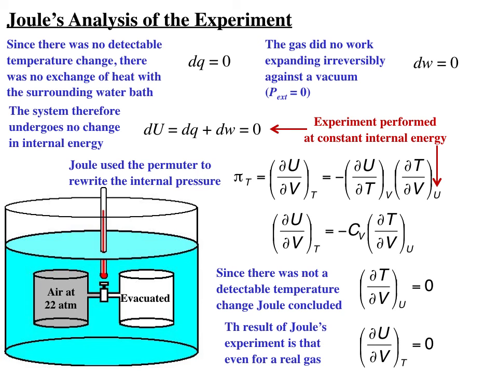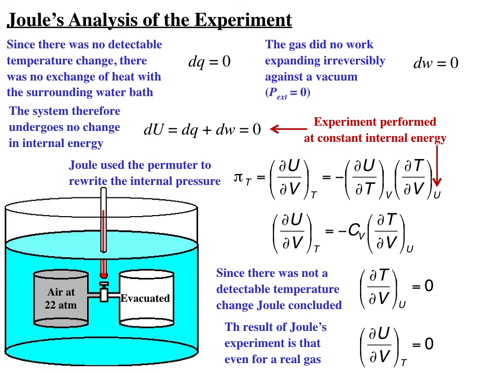Pretend we're James Joule and look at how he interpreted this experiment based on the mathematical tricks that were now available. Since there was no temperature change in the surrounding water bath, there's no heat exchange between the expanding gas and the water, so dq was equal to 0.